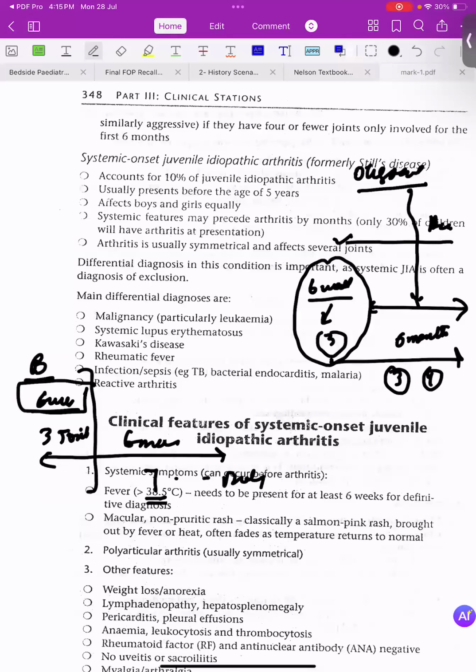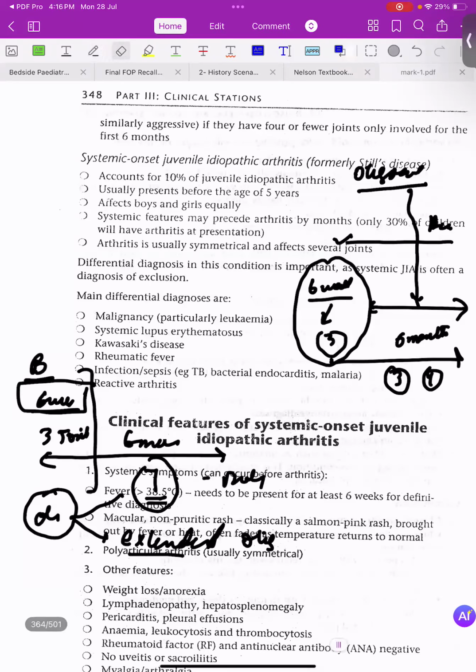Over a period of 6 weeks, it was oligo. Whenever it came to me, it was oligo, but now the number of joints involved is more. This is called extended oligoarticular. Okay, Dr. Mehdia? This is called extended oligoarticular. So while taking this history, keep these basic points in your mind, right?